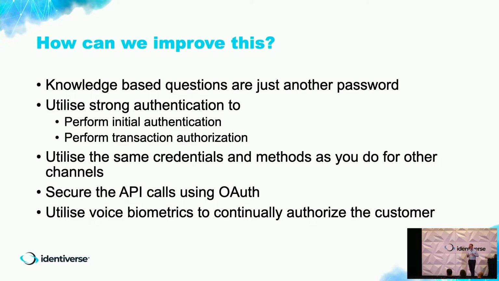Another thing with contact centres is that they've been around a long, long time, and in the past they were typically integrated with the back-end systems directly through database queries and all sorts of hooks into the mainframe. As these systems move on, OAuth and API usage are becoming more and more prevalent in these scenarios.